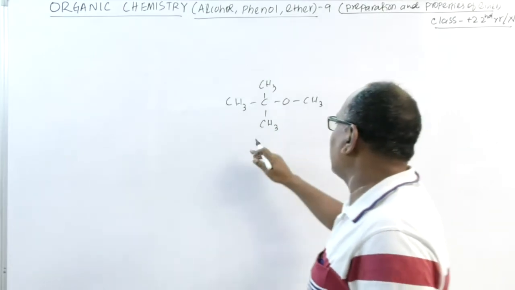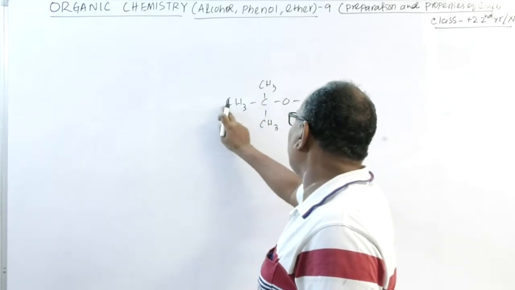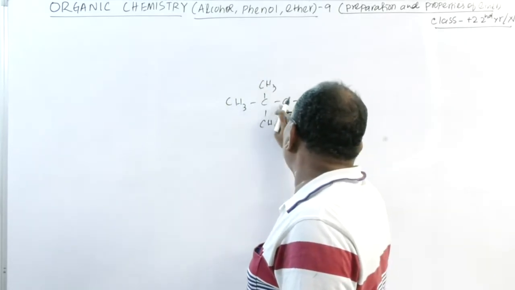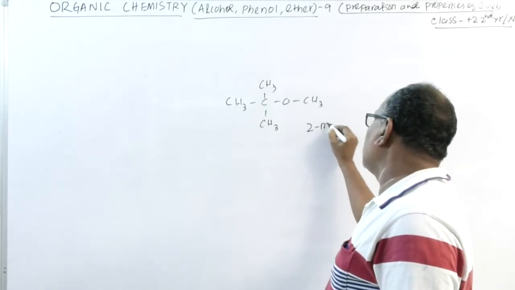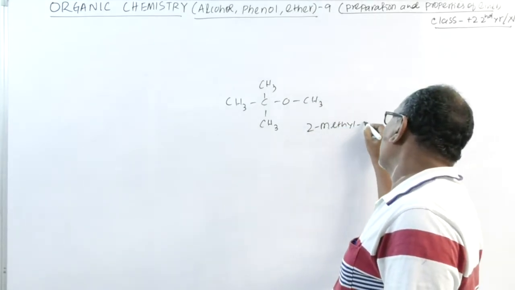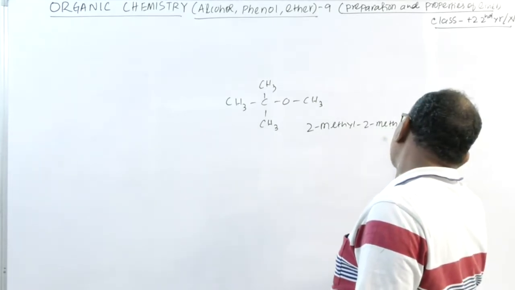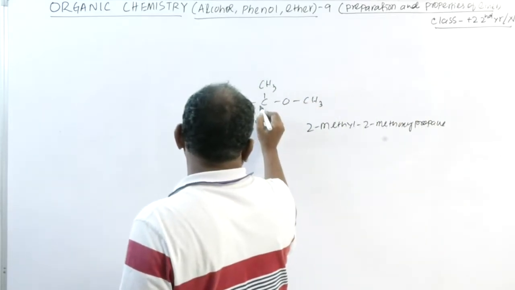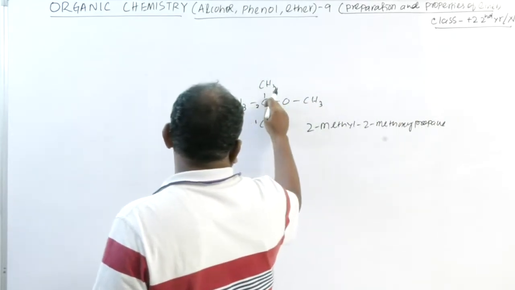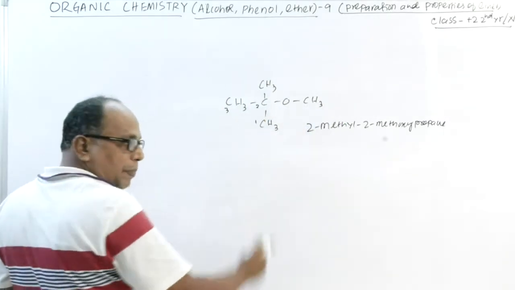The methyl group, the methoxy group is there, so you can say 2-methyl, 2-methoxypropane. This is 1, 2, 3, 2-methyl, 2-methoxypropane.